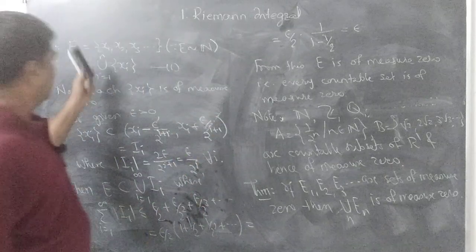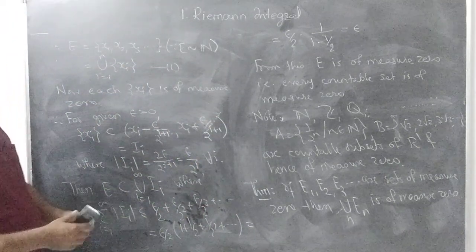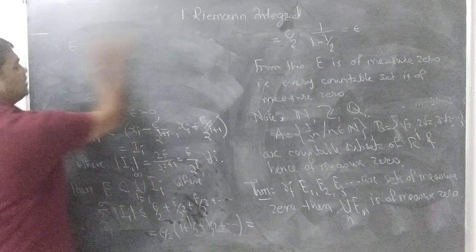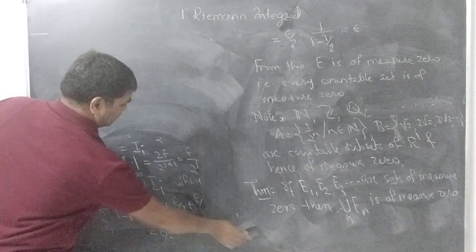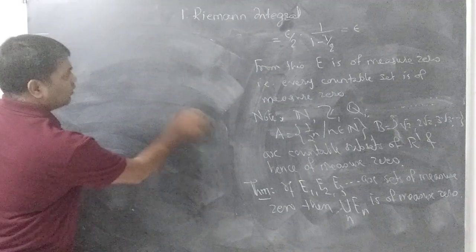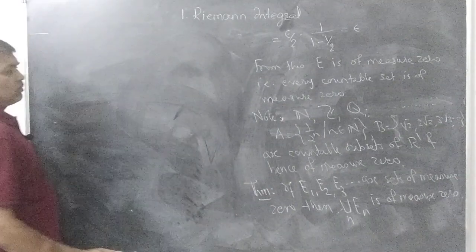Very important result. So by using this also, I can prove that every countable set is of measure zero. Again on the same line, we will prove this result. The proof is parallel to what we have done for every countable set being of measure zero.